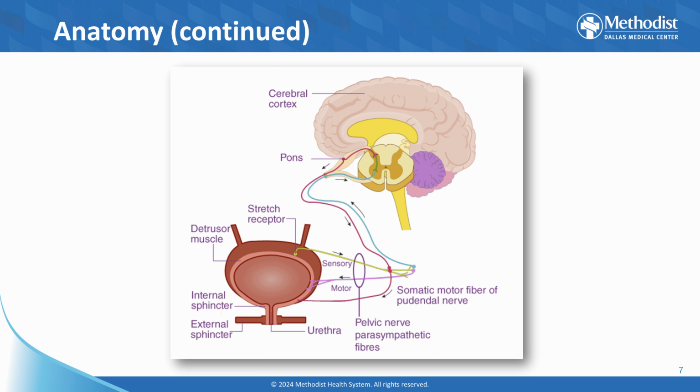This is a very complex and coordinated process that also requires you to then relax your external sphincter, contract the muscle, and urinate. If you think back when we were babies, you were walking around or crawling around with your diaper on, and you had no idea that you were urinating.